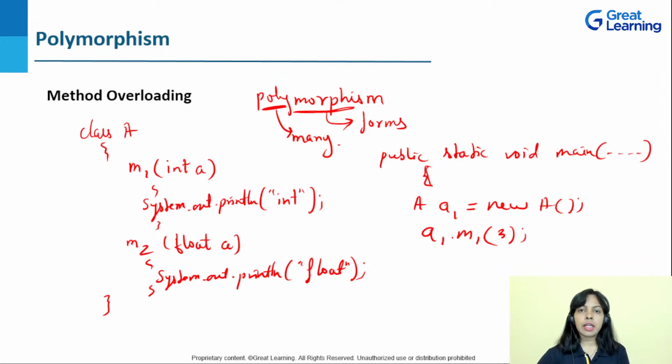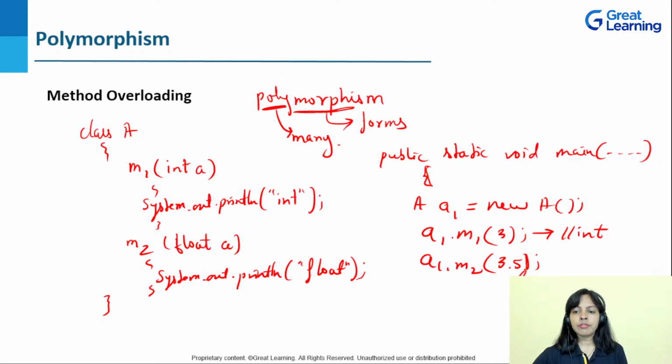The m1 which has a parameter of int type, that is this particular method, and the output of this code will be int. It will print int. Similarly, if I call a1.m2 and pass a float here, that is 3.5f, I'll write f for float, otherwise it is taken as double.